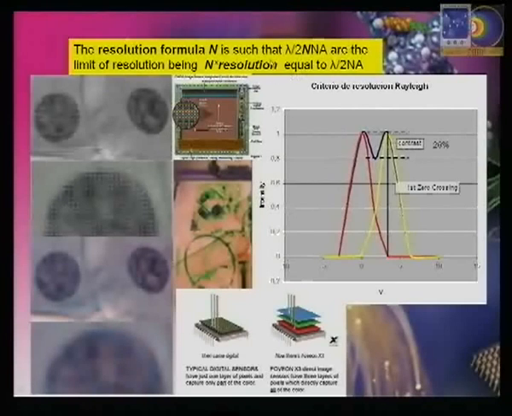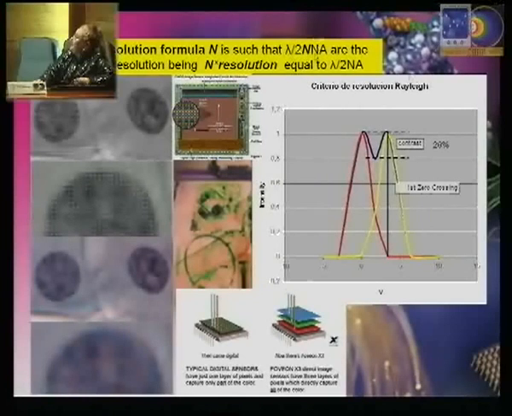The formula of resolution is that two points can be discriminated when the wavelength of the light and the numerical aperture of the optics fulfill this formula, in which the 2 is multiplied by the resolution system.